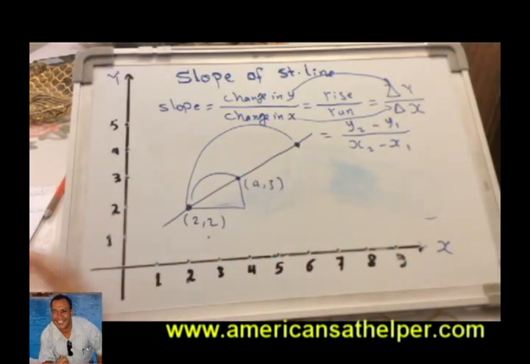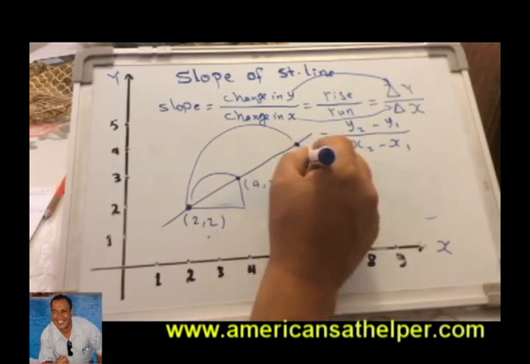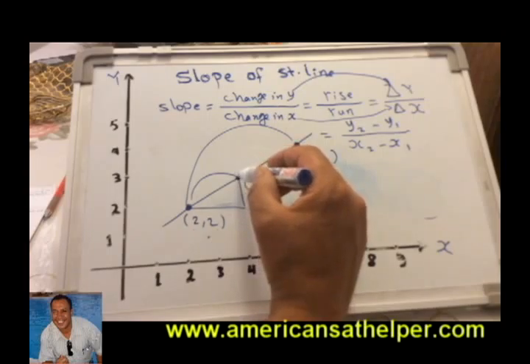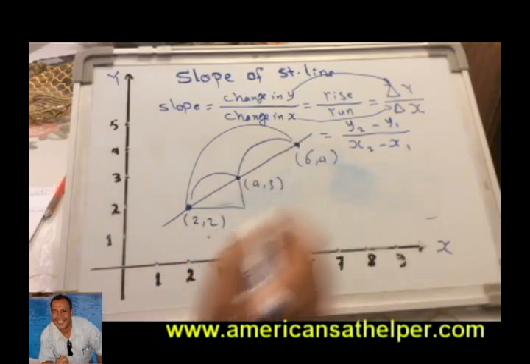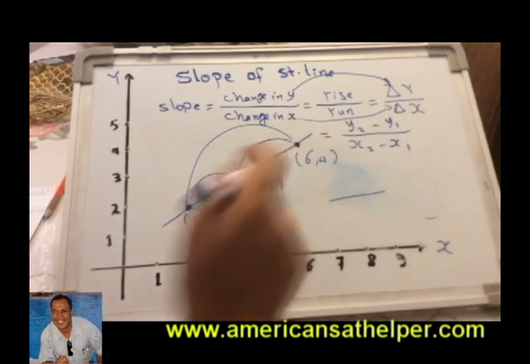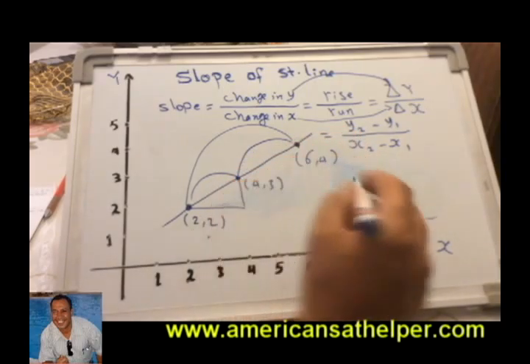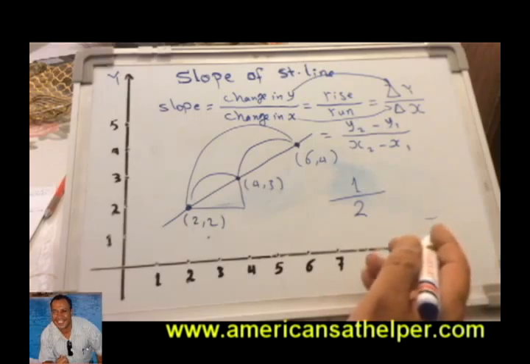Let's take another 2 points. This was (6, 4). Let's try to find the slope between these 2 points. The difference between y's is 1. The difference between x's, 6 minus 4, is 2. The same.